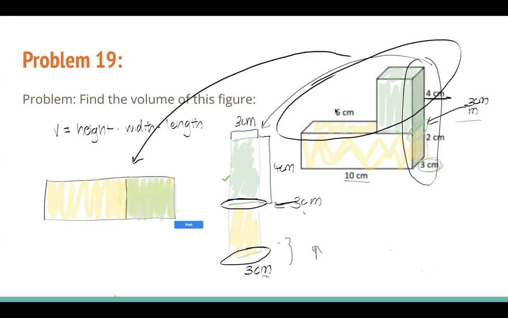Does that make sense to everyone, how this looks? Yes. Okay, so we're given that this whole yellow portion is 10 centimeters.